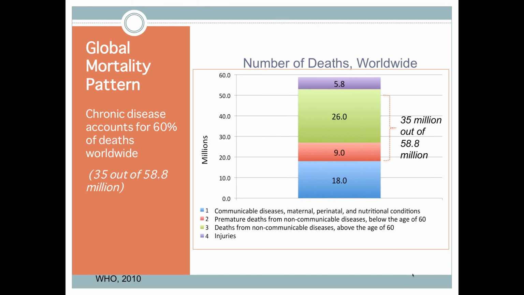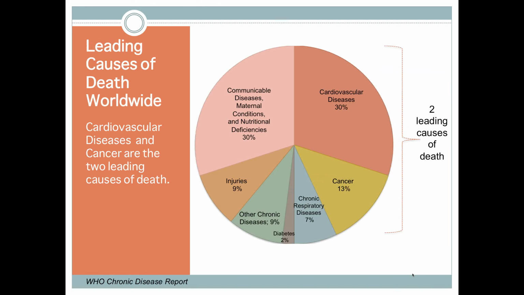If you look at the worldwide death figure, 58.8 million deaths, 35 million are accounted for by premature deaths from chronic diseases below the age of 60. And you can see that cardiovascular diseases, heart disease and stroke, and cancer are the 2 leading causes of death worldwide.